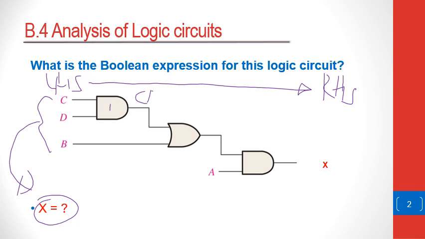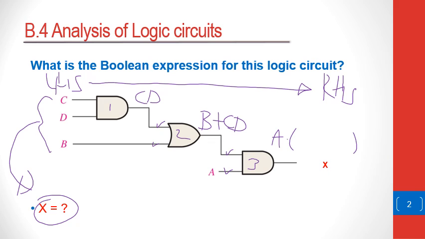is going to be C and D. Then the output of the second gate is going to be B and whatever is coming in. It's an OR gate, so it's going to be B or whatever is coming through the second leg, which is C, D. And then the third gate is A and whatever is coming through the other leg.